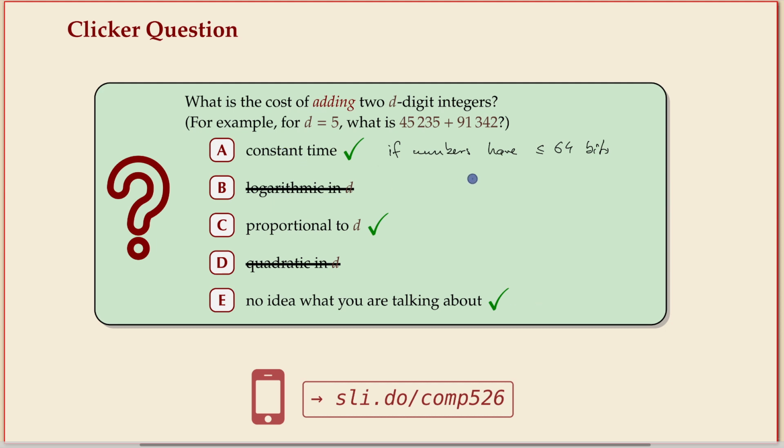Now that's a little cheating, because if the numbers are big, it does take more time. And so the algorithmically more sensible answer is C. If the numbers keep growing, then it will be time proportional to the length of the numbers in bits. So I would say this is more correct, right?